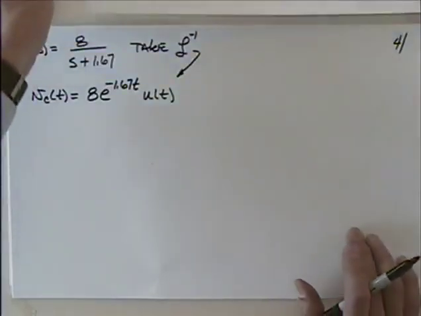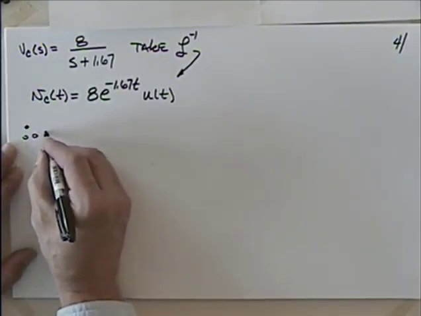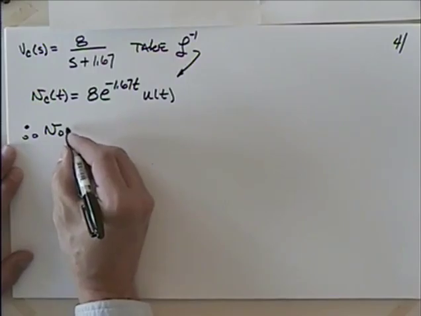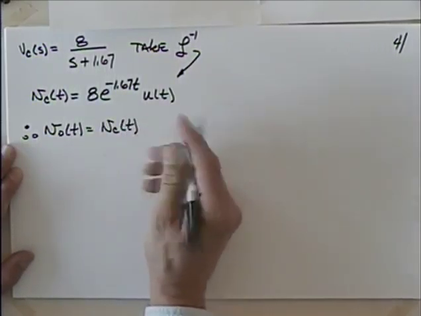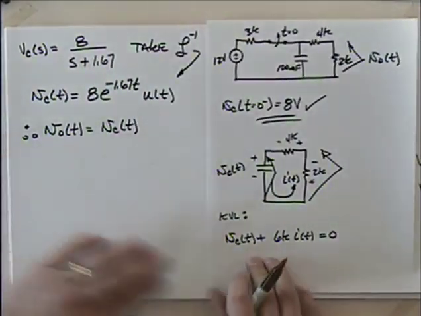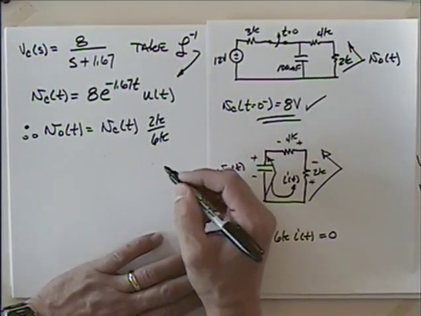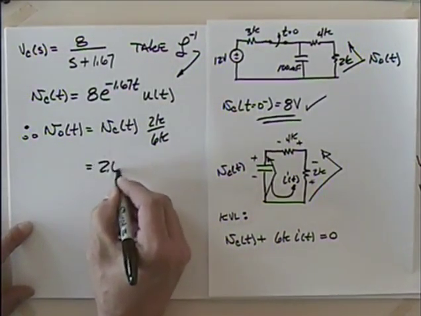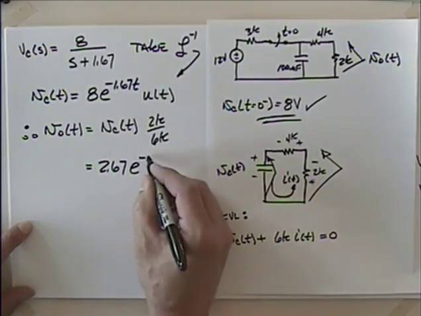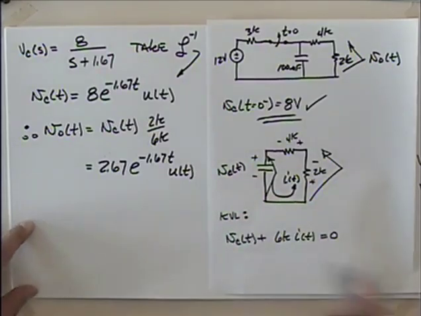Okay, so I can say then that v naught of t is equal to vc of t times what's that going to be with the voltage division? 2k over 6k. So that gives me 2.67 e to the minus 1.67 t u of t, which I think that's what we've seen before, haven't we?